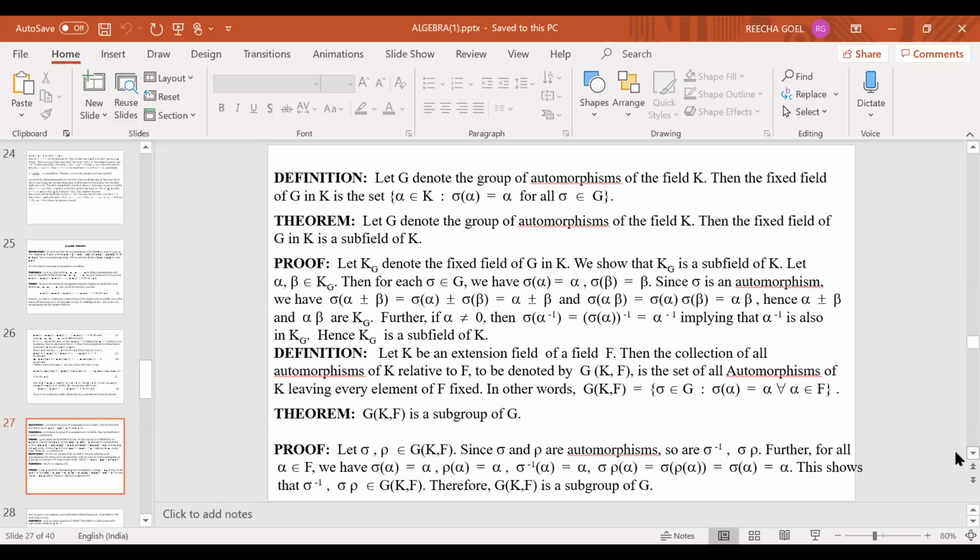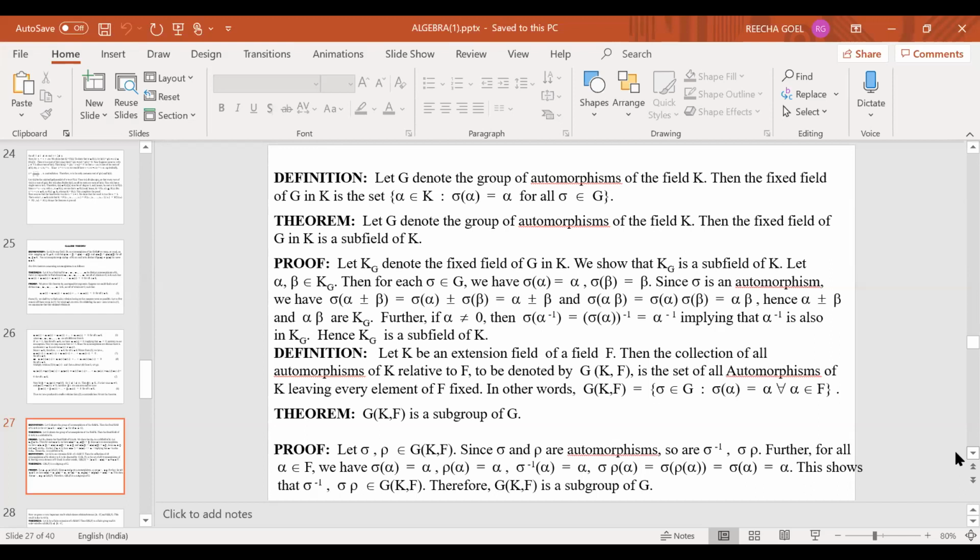This fixed field is going to be a subfield of K. So let me denote this subfield by the symbol K_G. K_G denotes the fixed field of G in K, that is, the set of all elements of K which remain invariant under each element of G. So we will show that it is a subfield.